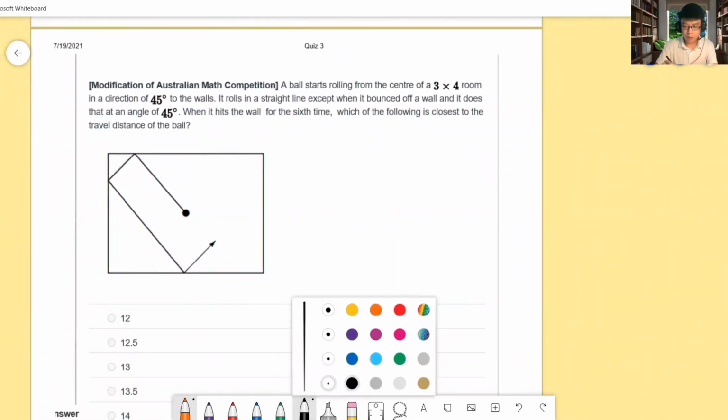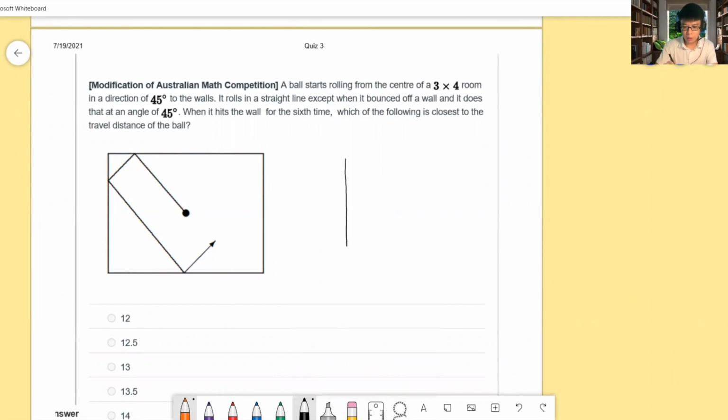Okay, for convenience, let me draw grids, 3x4 grids. Let me do 3 rows and 4 columns.